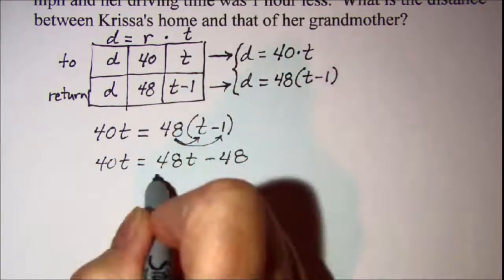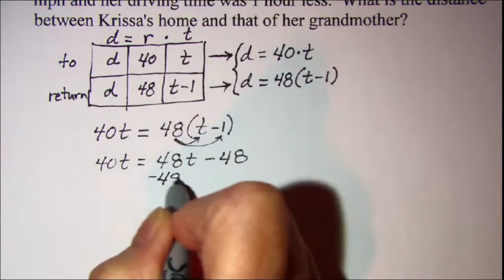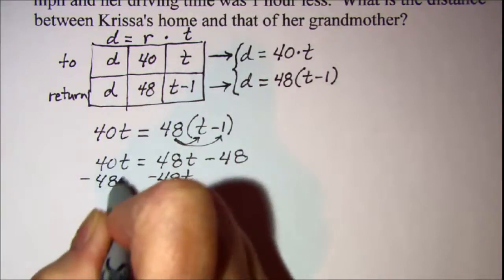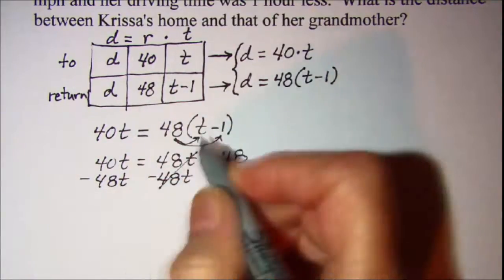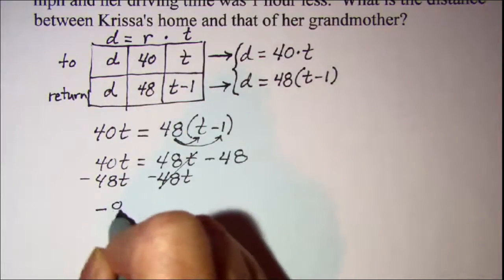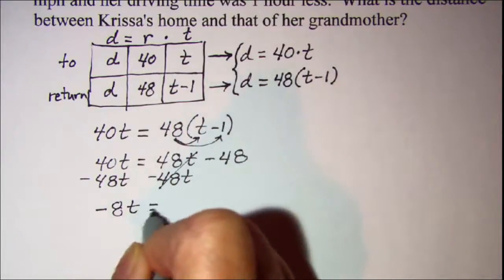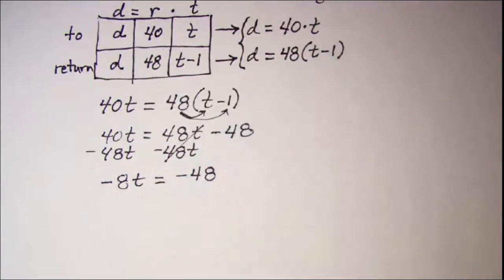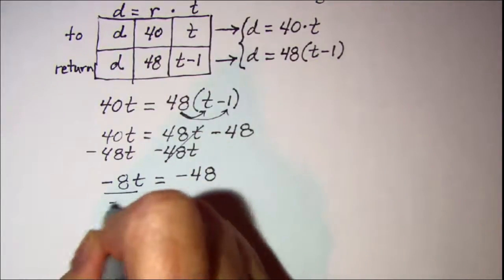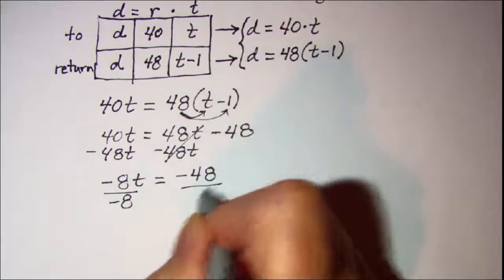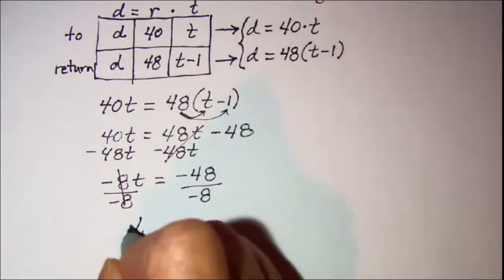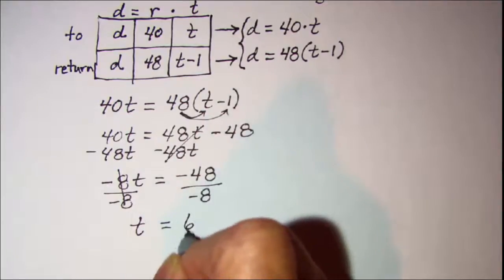Now I can subtract 48T from both sides. These will cancel, and I get negative 8T is equal to negative 48. Divide both sides by negative 8. These will cancel, and T is equal to 6.